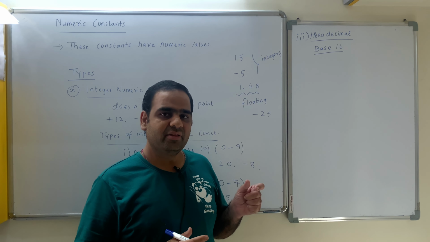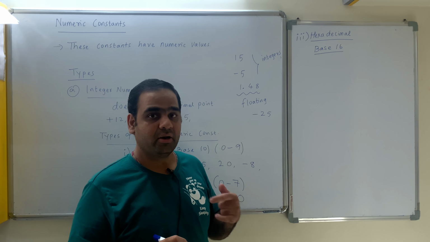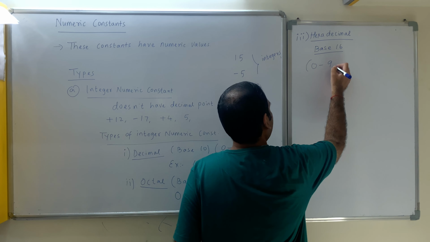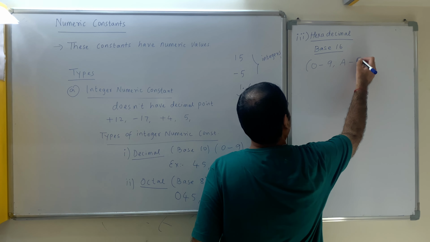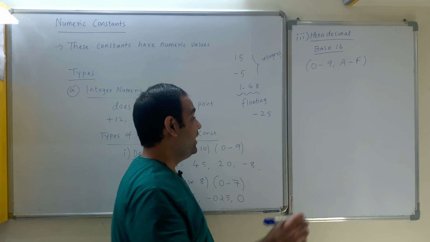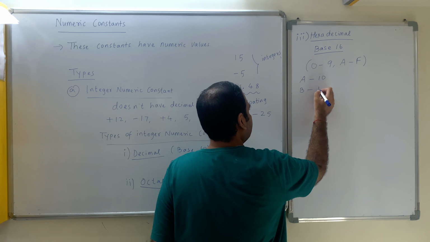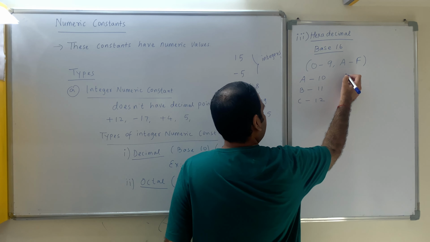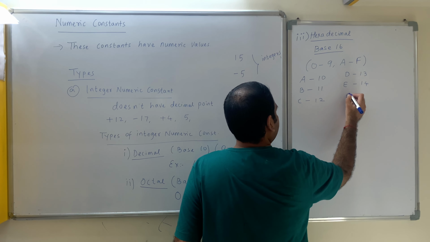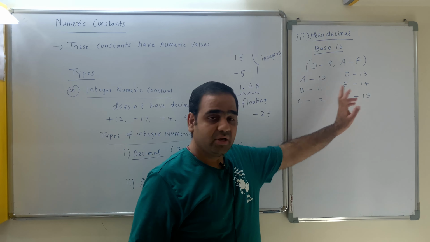Whenever you divide the number by 16, you get remainders from 0 to 15. We can use the numbers from 0 to 9 and A to F. A means 10, B is 11, C is 12, D is 13, E is 14 and F is 15. Therefore, it is from 0 to 15.